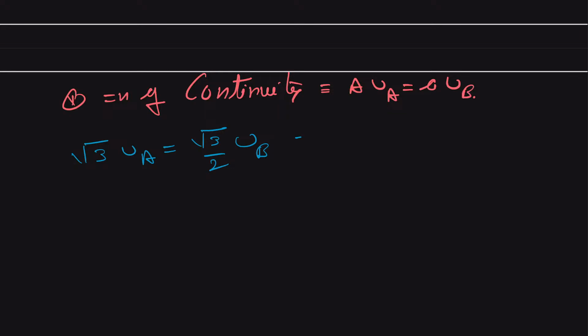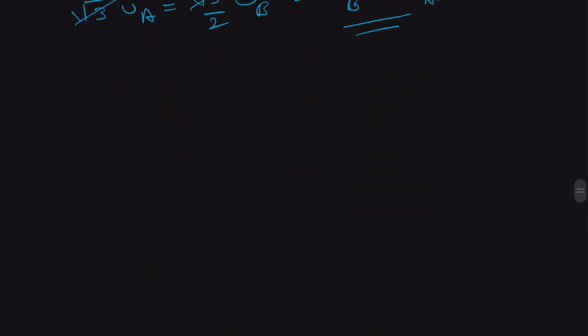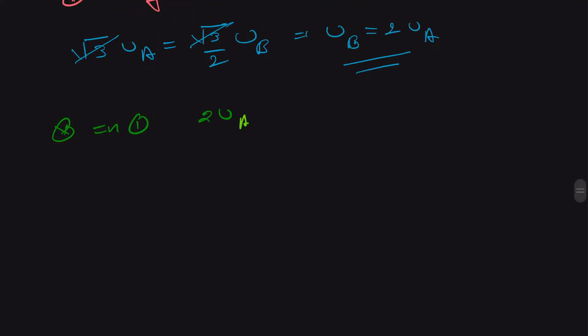Therefore VB is equal to 2 times VA, and let us call this equation number 1. So from equation 1, (2VA) whole square minus VA square is equal to 1. So we get VA equal to 1 upon square root of 3, and VB will be 2 upon square root of 3.